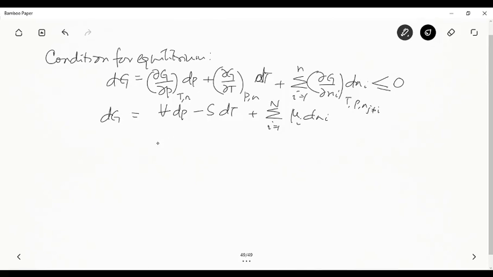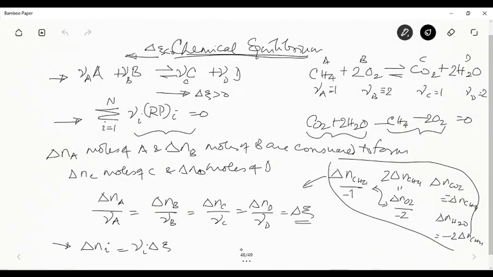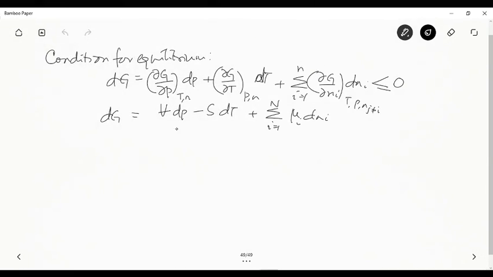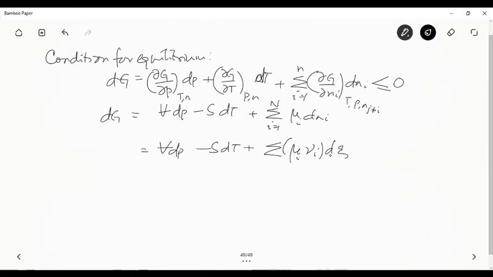In this case, if I substitute for dni from the expression for a chemical reaction, where dni is nu I d xi, then we can write dG is equal to V dP minus S dT plus the summation of nu I mu I into d xi. So nu I d xi is dni.